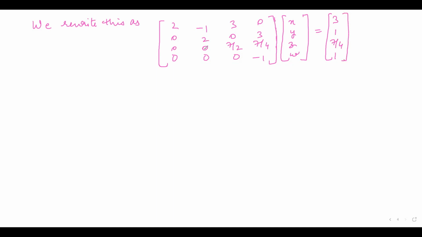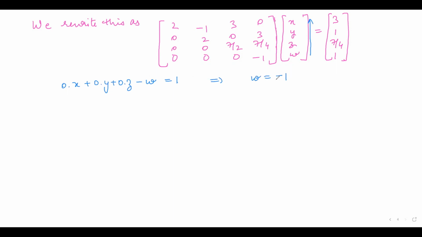So using the backward substitution, you will be going like this, and it would be 0x, 0y, 0z minus w is equal to 1. So I am getting my w as minus 1.